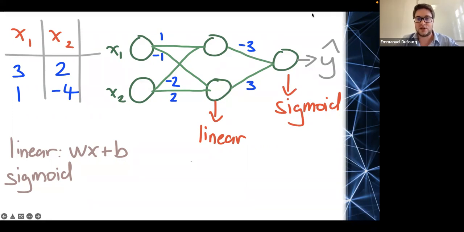Are there any questions, or is everyone happy with the flow of how we go from the input all the way to the output? Can you just give us a thumbs up if you're happy with that, or if you would like us to go through the second example?